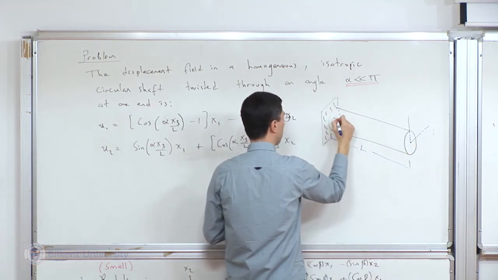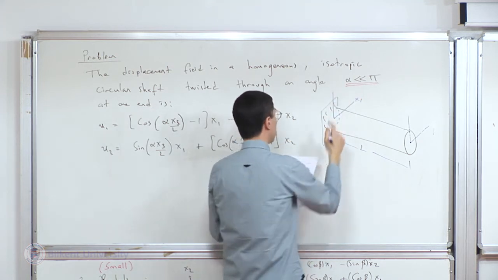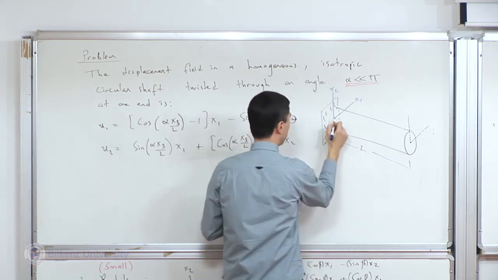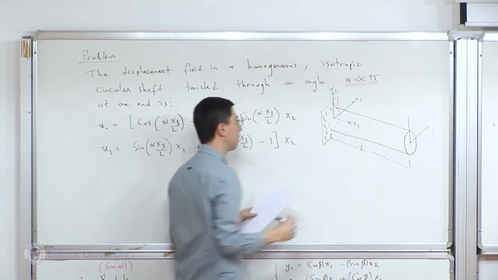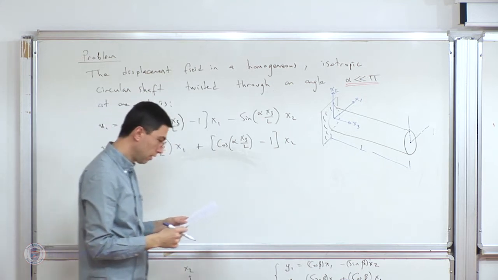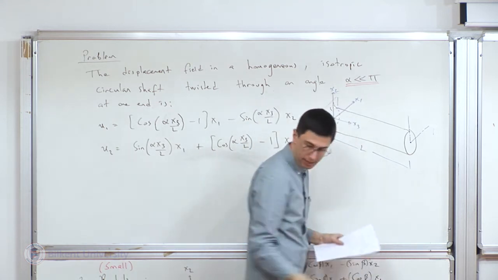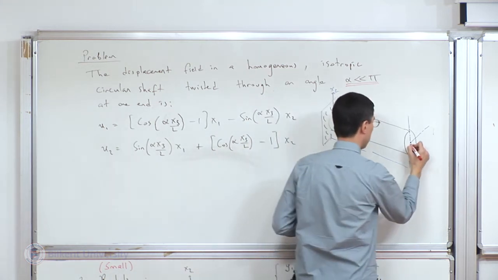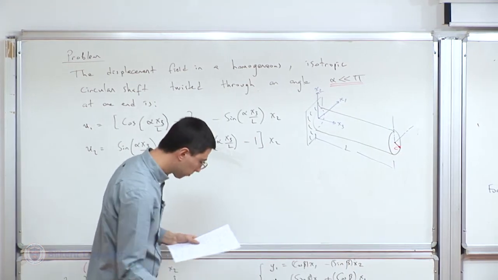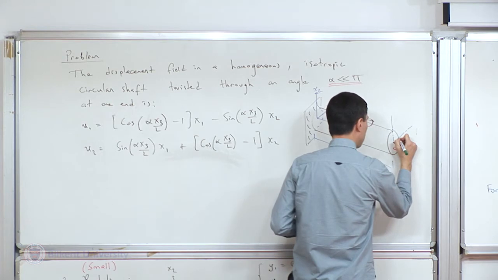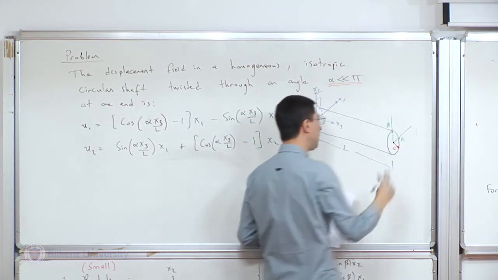So that is x1, this is x2, and the longitudinal direction, it's x3. Right. And the radius, I'm going to call C. And we will pick initially 2 points, points A and B.